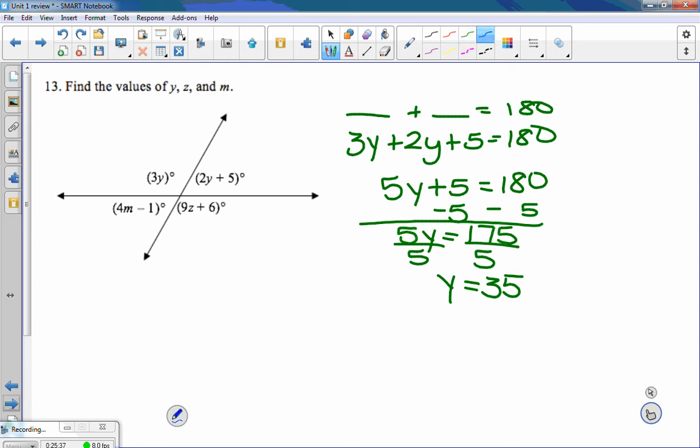So, 3 times 35 would give me this angle. To get this angle, I'm going to do 2 times 35 plus 5. Do you see I'm plugging it in for y? You all have calculators. Do not call it out. Go ahead and find out what those two are. Do not call them out.